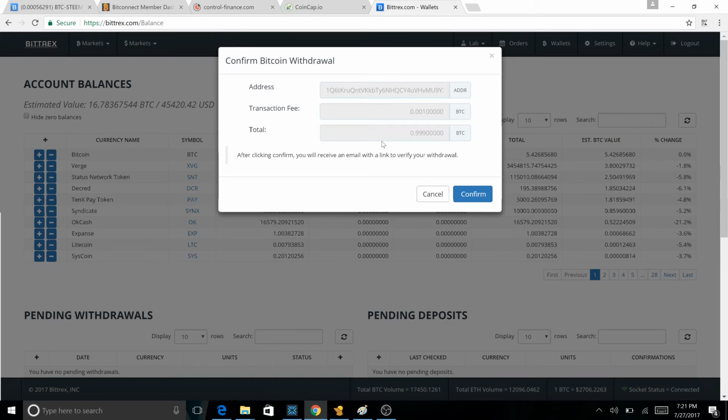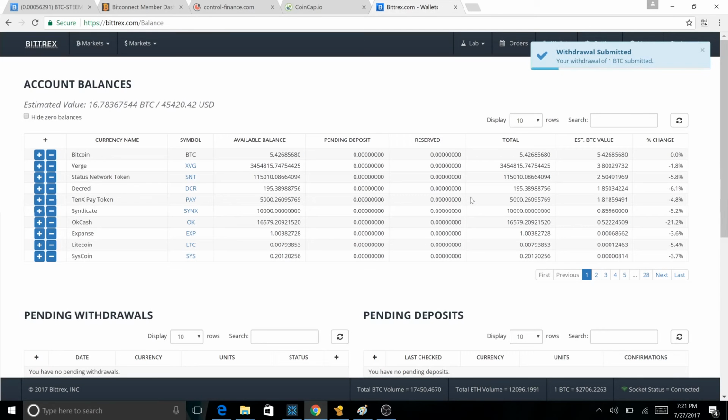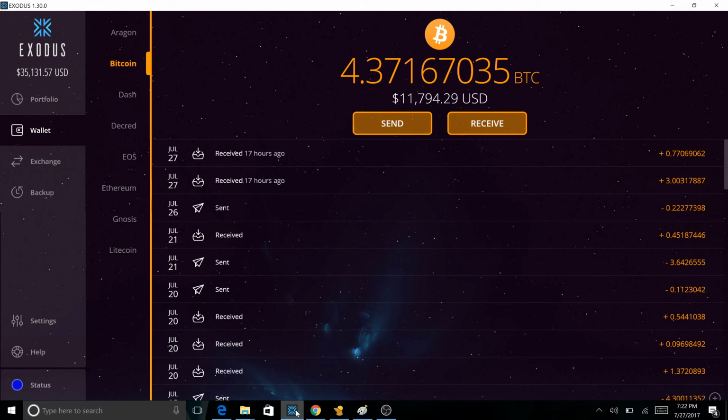It's asking if I'm sure I want to send 1 Bitcoin to my address. I'm going to hit confirm. I have to go into my email real quick on my phone and confirm that I want to make the withdrawal. And then we'll just simply wait on it to show up in our Bitcoin wallet, which shouldn't take long.